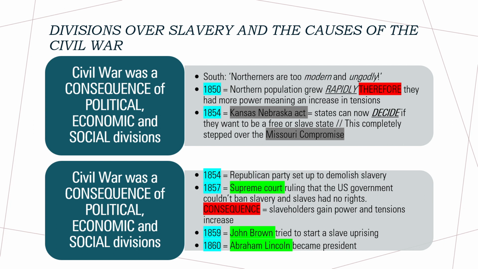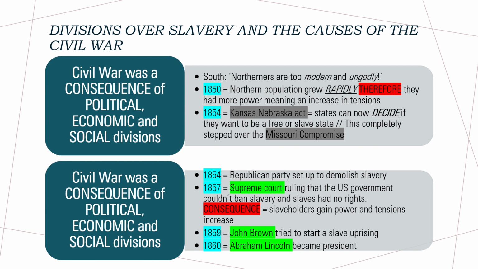As well as this, in 1854, there was a new act put in place called the Kansas-Nebraska Act. This stated that states can now decide if they want to be a free or a slave state. And if you watched the previous videos, we talked about the Missouri Compromise and how that was an act that made sure there was a balance of power.